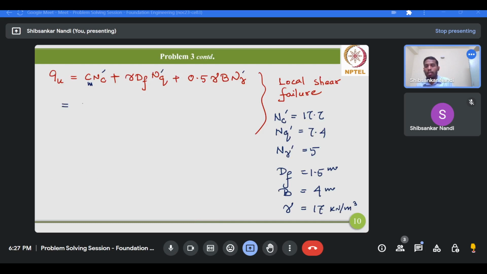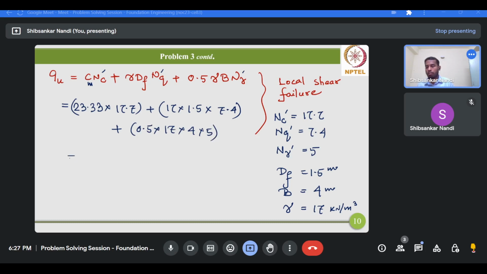Now it becomes very easy to calculate the ultimate bearing capacity. So Cm is 23.33 kPa multiplied by 17.7, plus 17 multiplied by 1.5 multiplied by 7.4, plus 0.5 multiplied by 17 multiplied by 4 multiplied by 5.